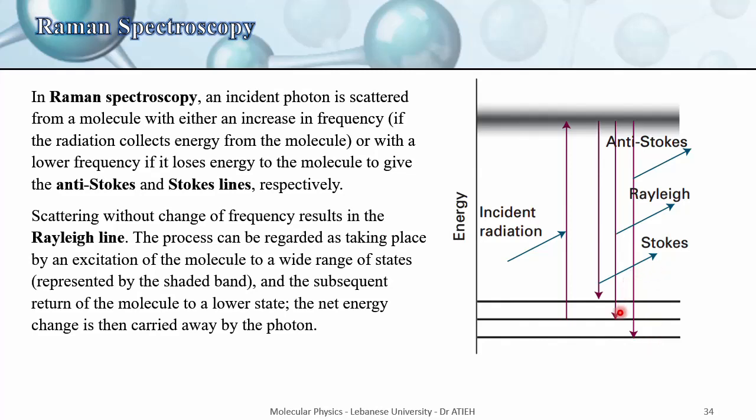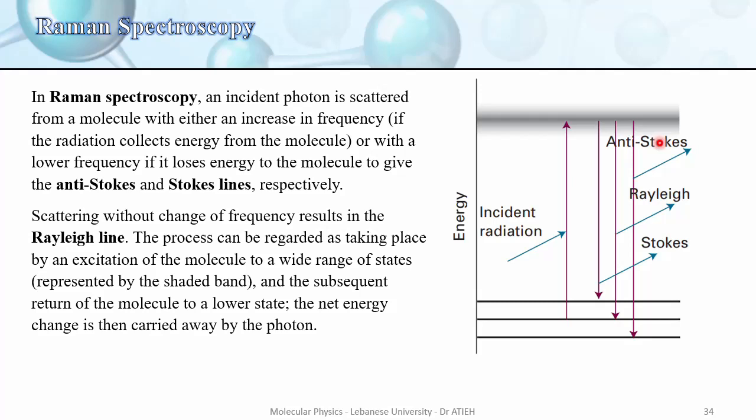Raman spectroscopy measures the frequencies of photons scattered from a molecule. A scattered photon may either have an increase in frequency in comparison with the incident photon, a decrease in frequency, or the same frequency as the incident photon.